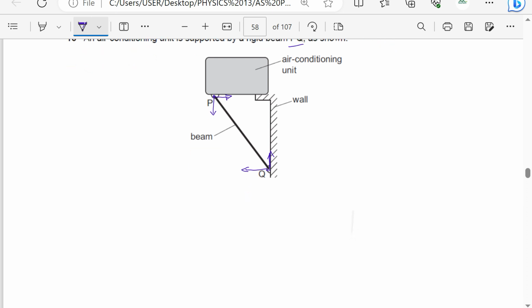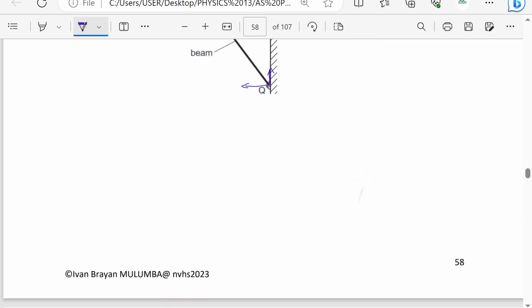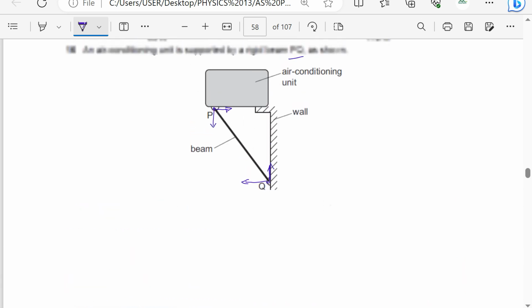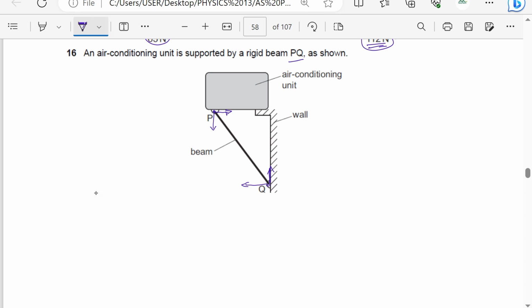So the question is, which diagram shows the direction of the horizontal and vertical forces acting on the ends of the beam? There is a possibility of the beam sliding downwards, so friction is upwards, so that force acts upwards.